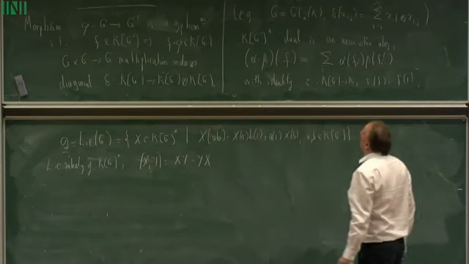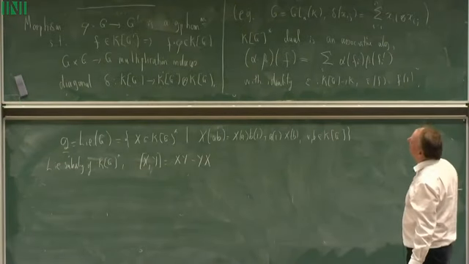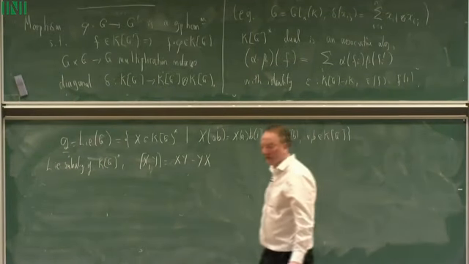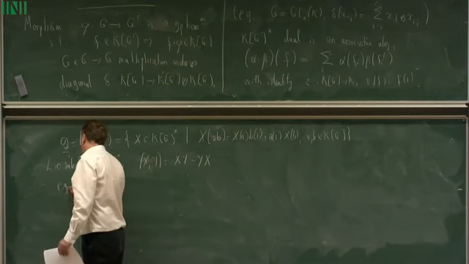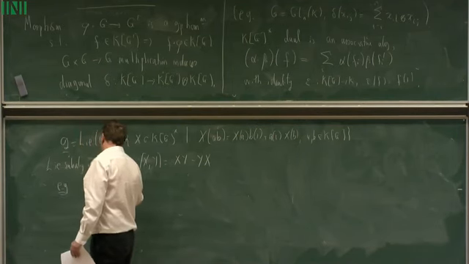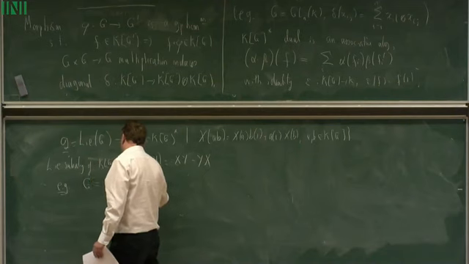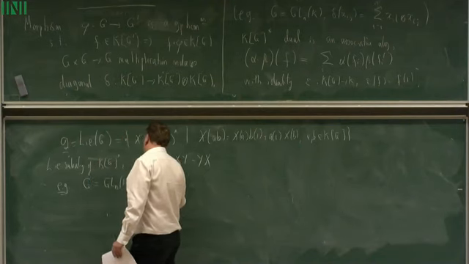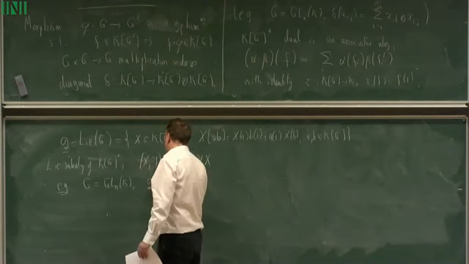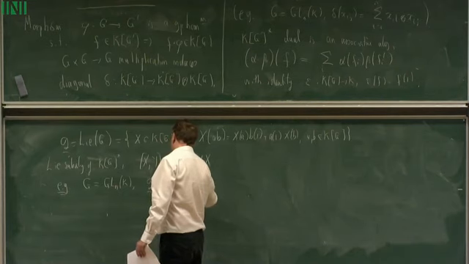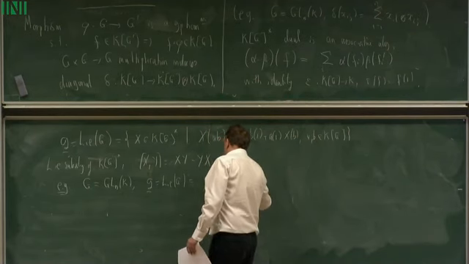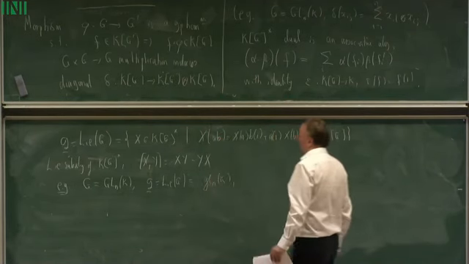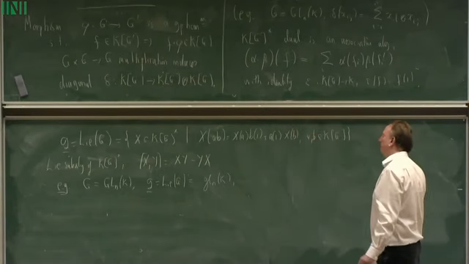And you can do this very explicitly for the case of GL_n. So, for example, if G is GL_n, then the Lie algebra is, well, you won't be surprised to know that it's gl_n, little g this time, with this bracket operation.